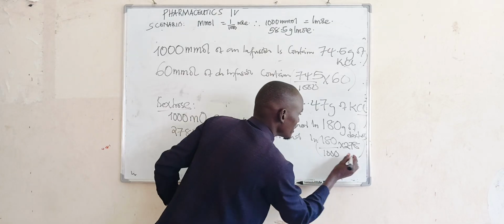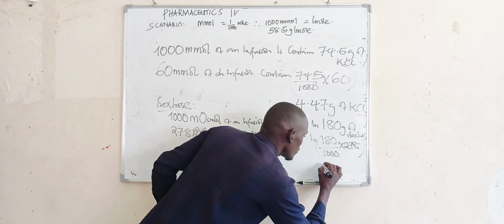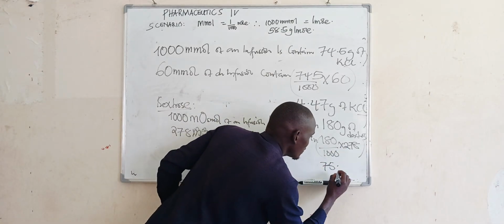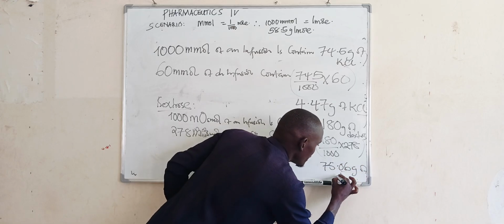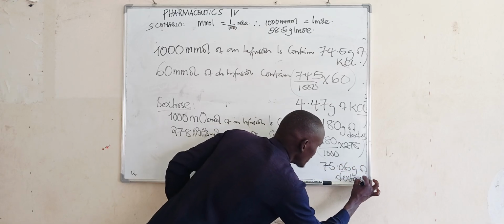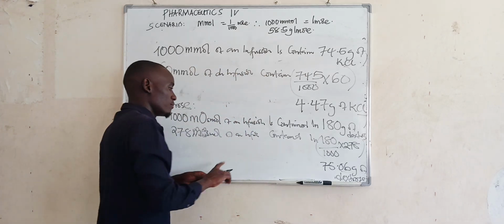The mosmoles and the mosmoles will cancel, and we shall finally have 75.06 grams of dextrose in the required volume.